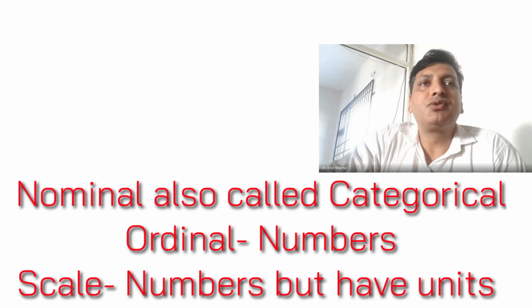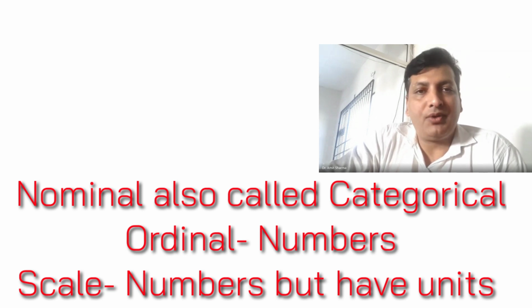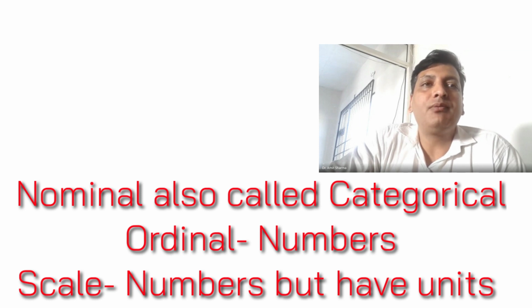One we call nominal data, which is also called categorical. The second is ordinal data, which is also given in the form of numbers. And the third one is scale data, which is numbers only, but contains some kind of measurement along with that.